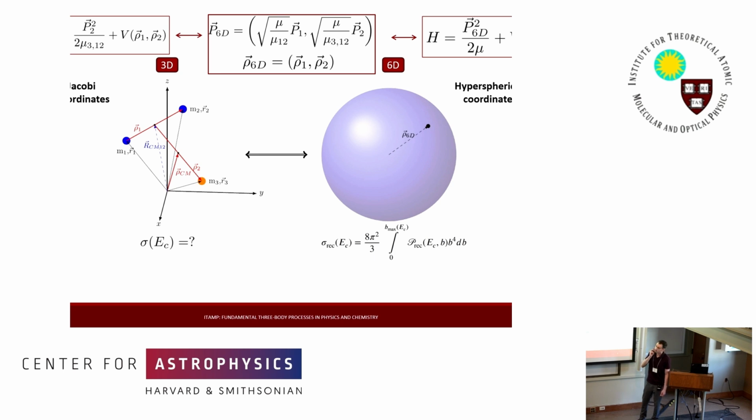What is angular momentum there? It's very tricky. In the six-dimensional case, there isn't really an angular momentum because you just have one particle going into the center. When you sample over the momentum and the impact parameter, you're sampling over angular momentum at the same time, so you don't have to do it separately.